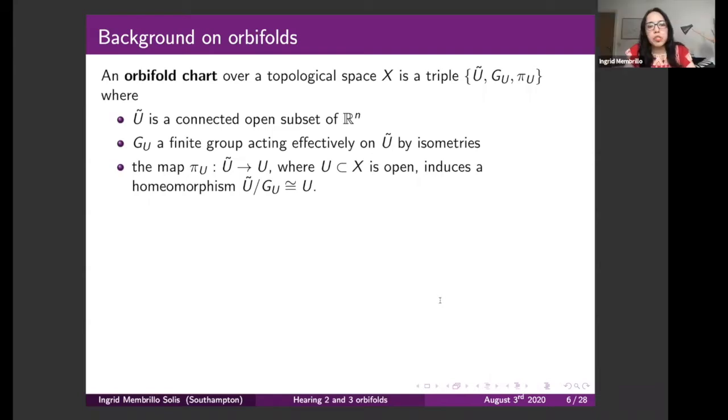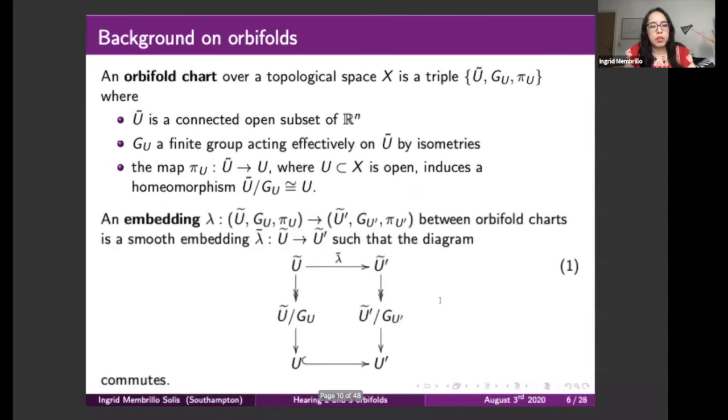An orbifold chart over a topological space is a triple where Ũ is a connected open subset of R^n, G_U is a finite group acting effectively on Ũ by isometries, and the map π_U from Ũ to U, where the set U is open, induces a homeomorphism between U and the quotient space of Ũ by the action of this finite group G_U. So this is an orbifold chart.